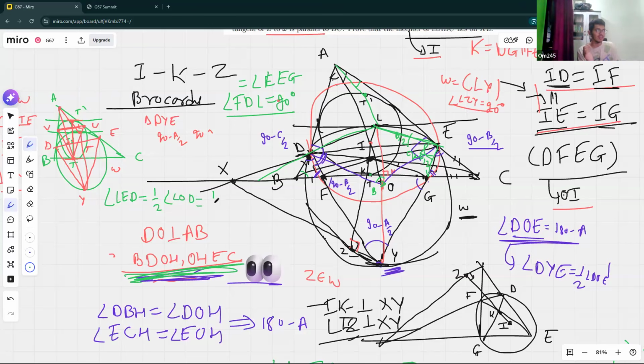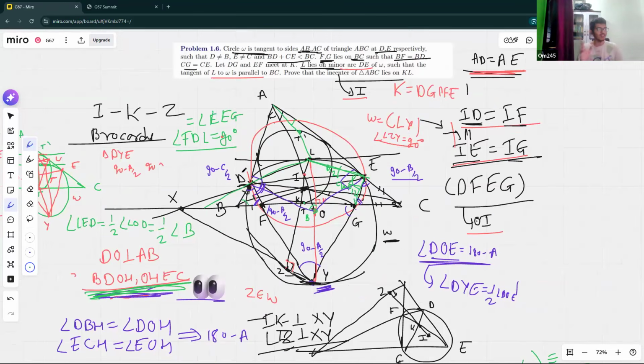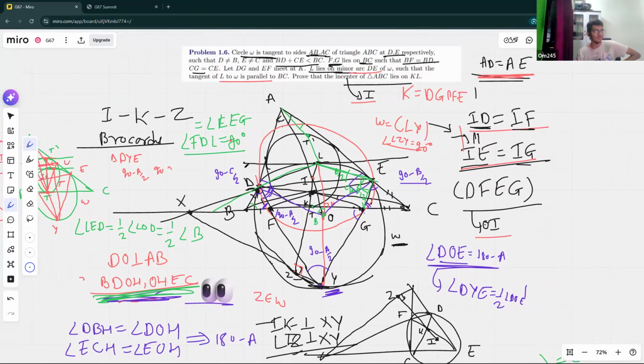Yeah, because 90, this is equal to angle B. And that's the way I did it. I just chased the angles. I think homothety is better, but it's hard to come up with. I didn't believe homothety would work actually, so it's good to come up with it.